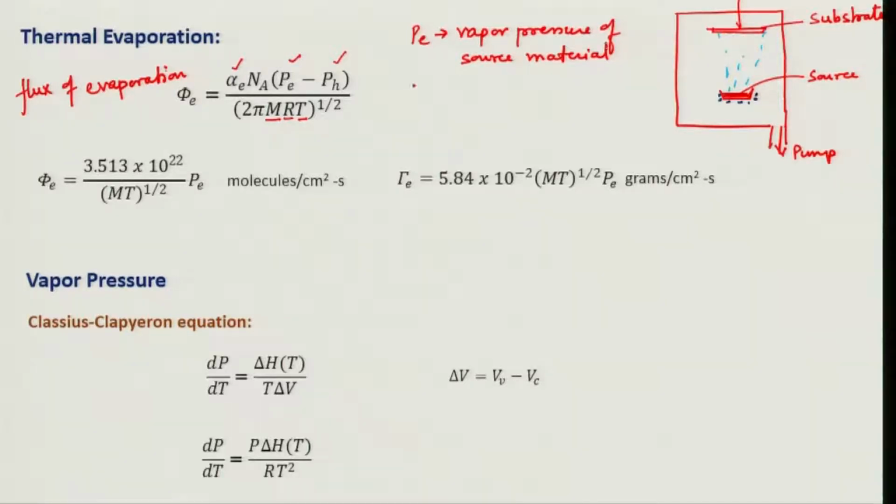Alpha E is a constant between 0 to 1. This depends on the cohesive interaction between atoms of the source, how easy it is to break the bond and take it away from the source. And pH is the hydrostatic pressure.